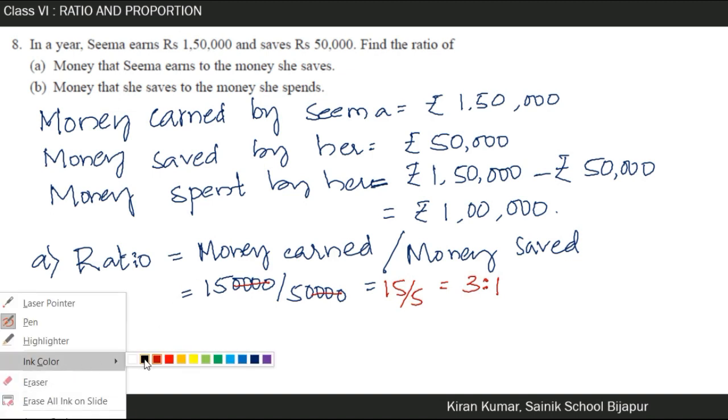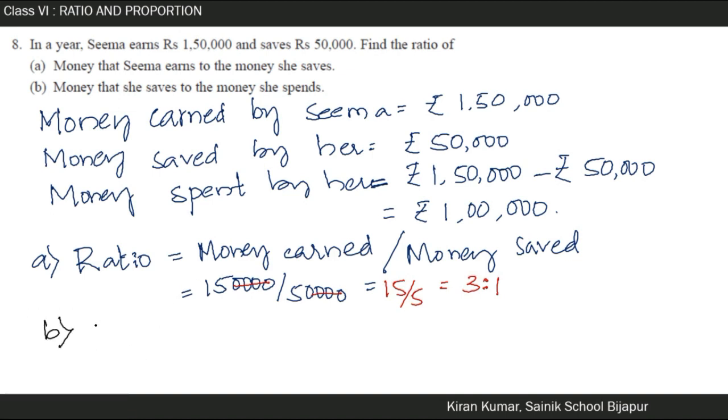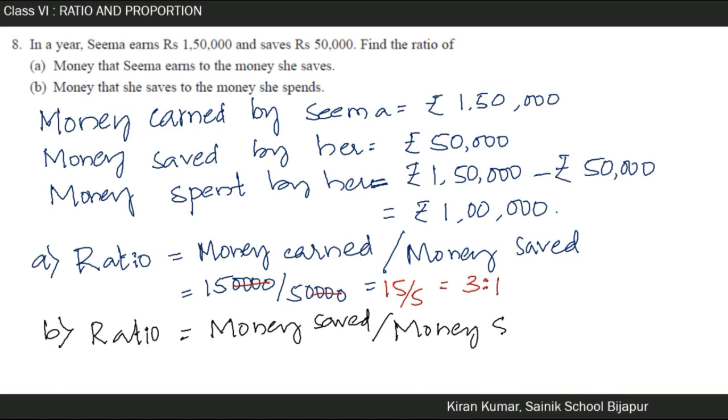In the second, ratio will be money she saved to money spent. This will be equal to 50,000 upon 1 lakh.